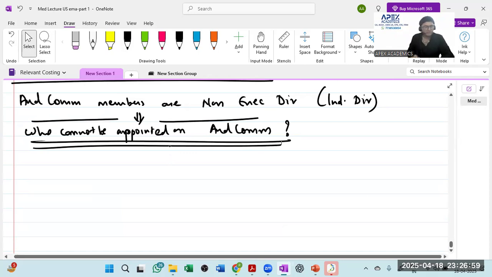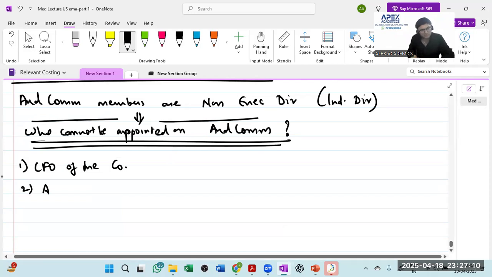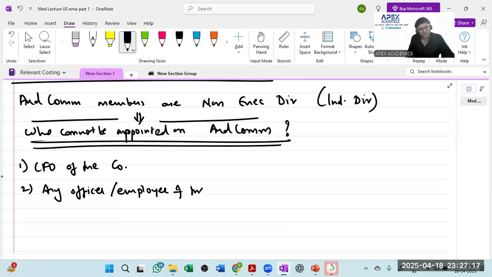First of all, the CFO of the company cannot be appointed. Second, any officer or employee of the company cannot be appointed.